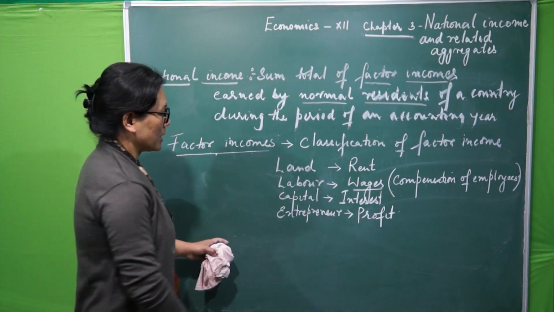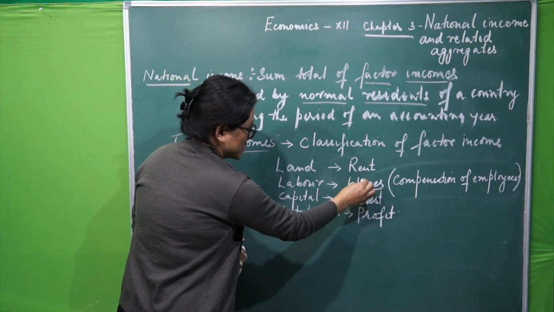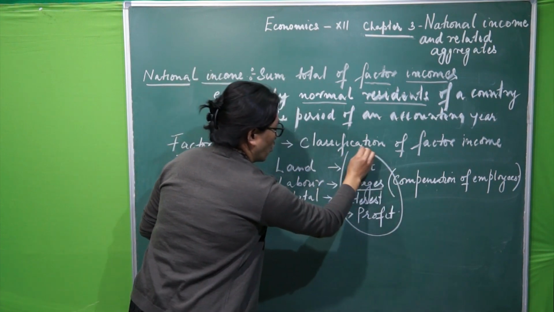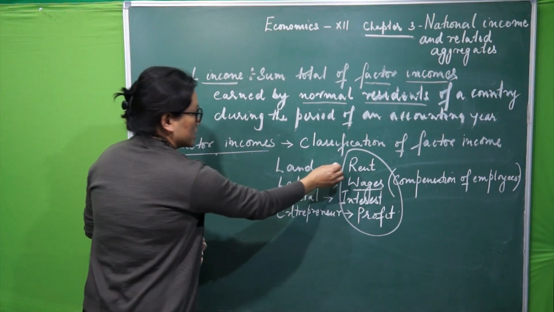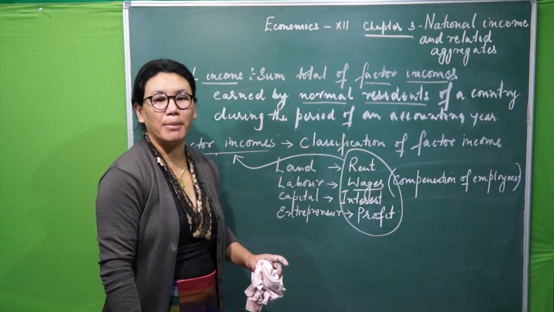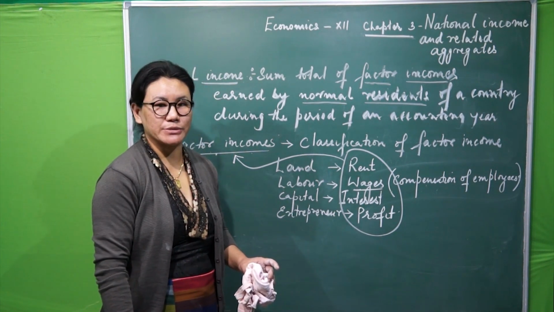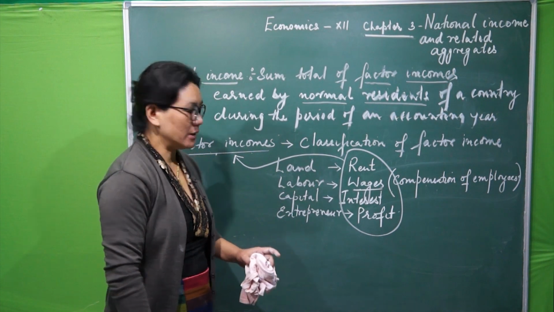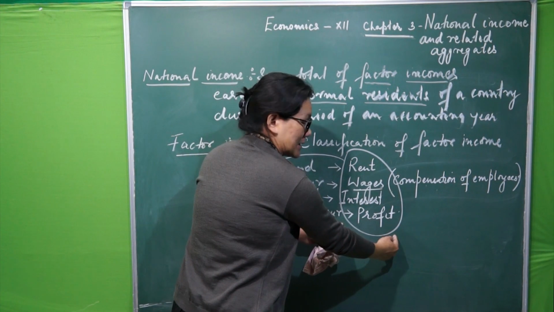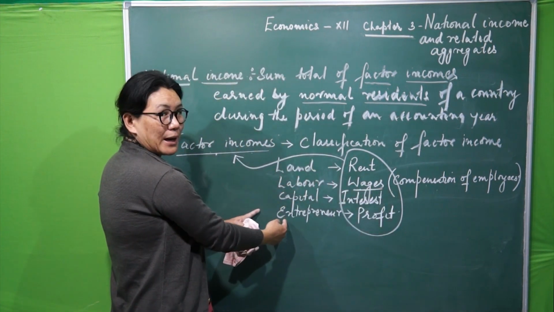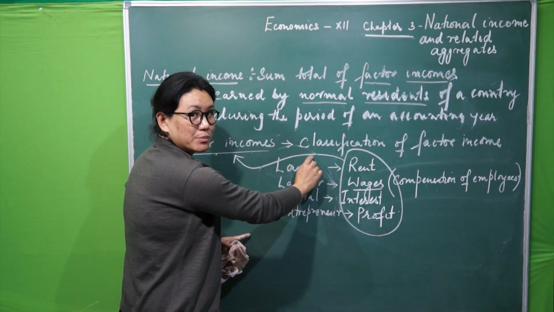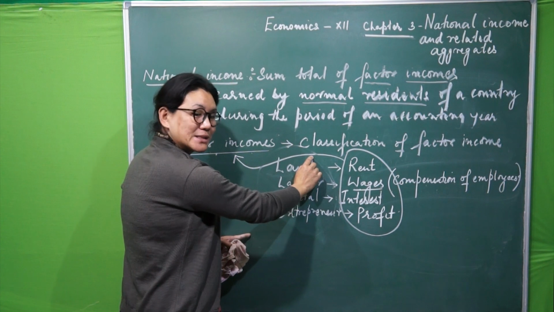Now see here, rent, wages, interest, profit. These four are the factor incomes received by the household from the producer. Is that clear? So these are the four factors of production, and these are the factor incomes received by the household for rendering these services to the producer.